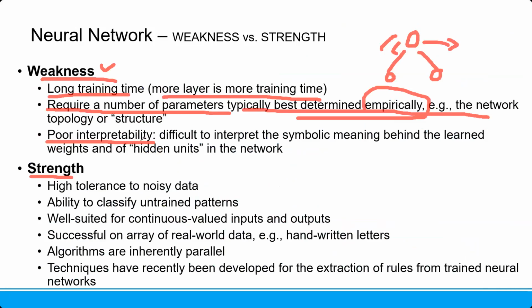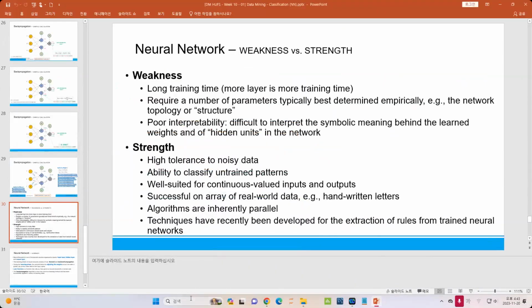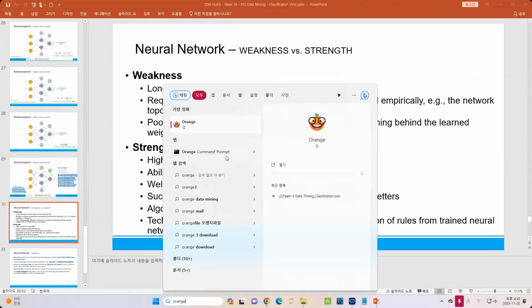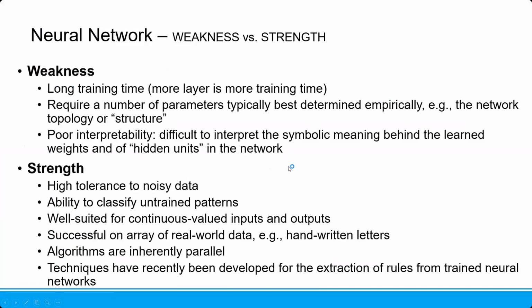Even though these days there's also a topic about interpretability, and I will teach you in Orange. There's also a feature to explain the neural network. Let me just open Orange. But we still need more effort to interpret the result.